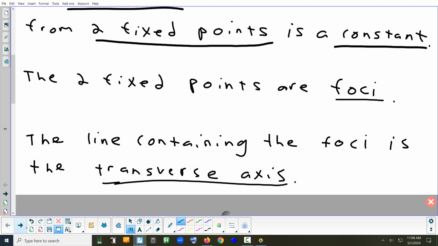And if you look at the word transverse, it kind of looks like the word traverse. And traverse means to go across from one side to the other. Like if you traverse the bridge, you're going from one side to the other. When you have two branches of a hyperbola, the transverse axis is the one that goes across the branches. It's like a bridge. It's like it connects them. Traverse, transverse.